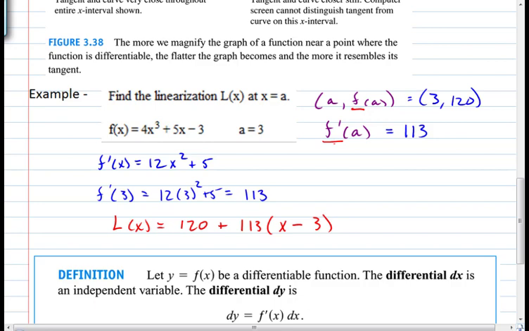Dishan? No. Are you looking at this right there? X equals a. Yeah. A is 3. So x is 3.